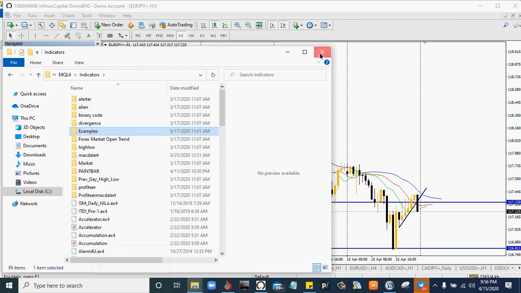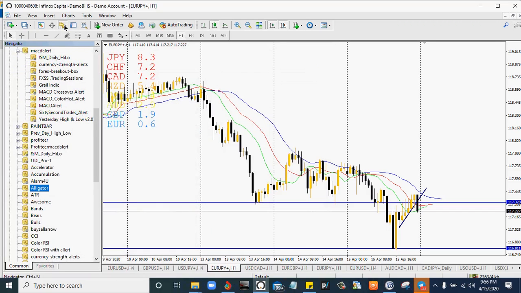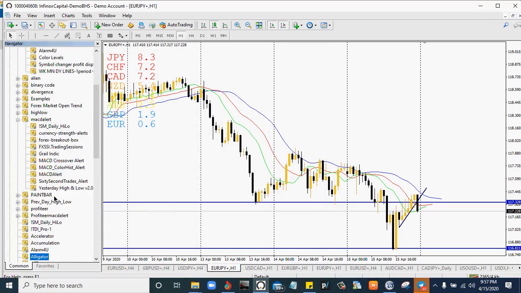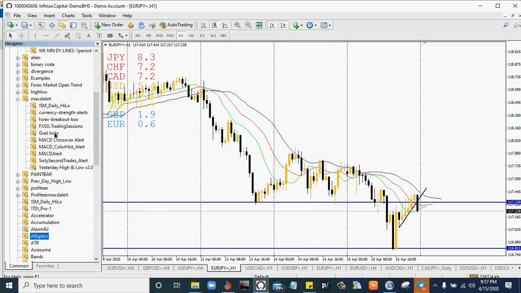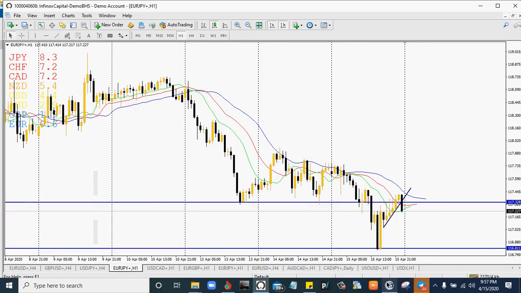That's all. Then come to your navigation and refresh. You will see what you have installed on your chart. So that's how you install it. I think I've answered the question. Any other question, please?